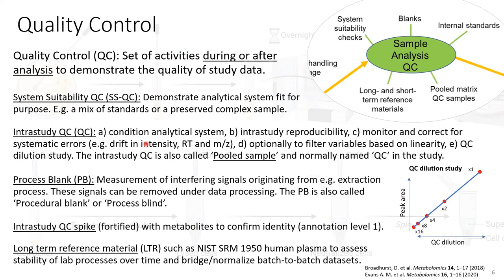So the quality control, it's something that we do during or after the analysis. And one of the things was the suitability test. So it will demonstrate if the platform is good enough.